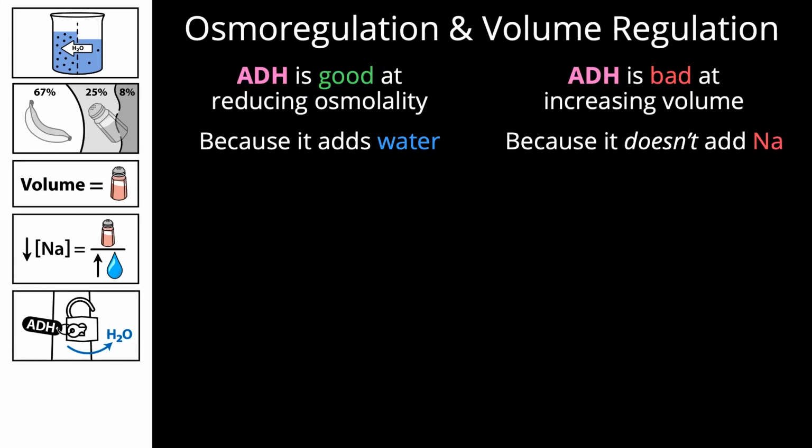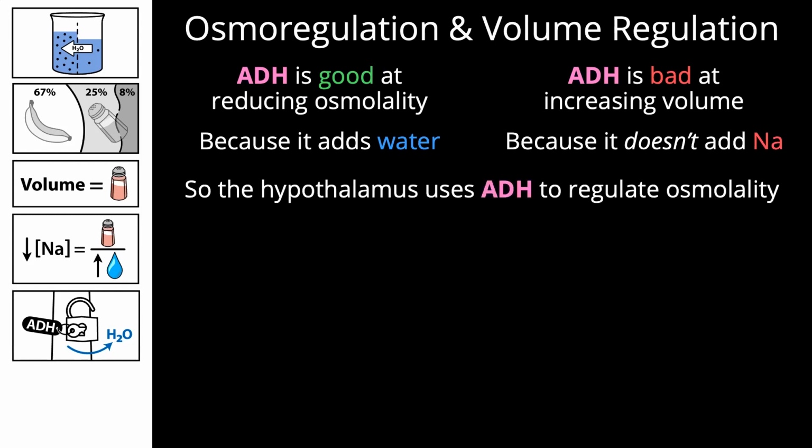It doesn't add sodium, which means we're going to use it to control osmolality, as we saw in the previous concept. Changes in serum sodium are based on changes in the amount of free water, and ADH is good at adding free water, okay?